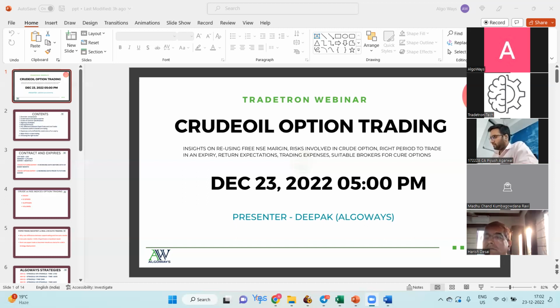But other low-cost brokers like Finvasia, Alice Blue, Fyers, IIFL, Dhan, they all allow it, and most of the people are trading this way. In fact, even if you pledge your stocks as collateral, you can use that margin for crude oil trading, which people are doing in popular brokers like Finvasia, IIFL, etc.